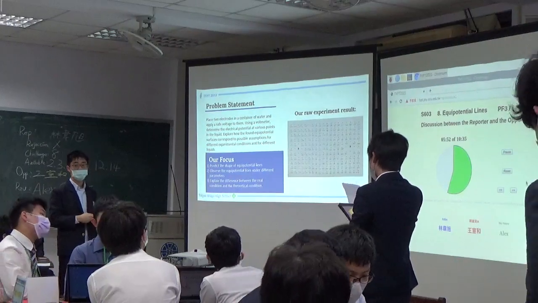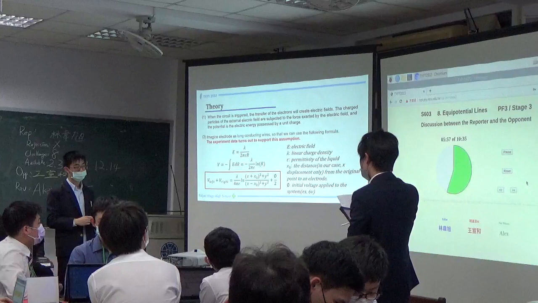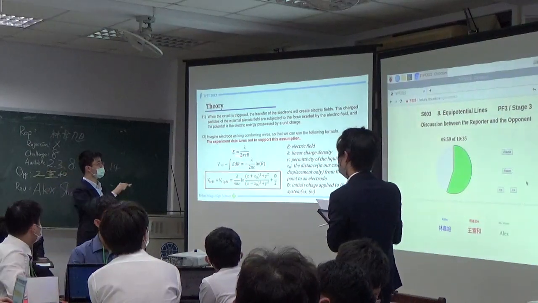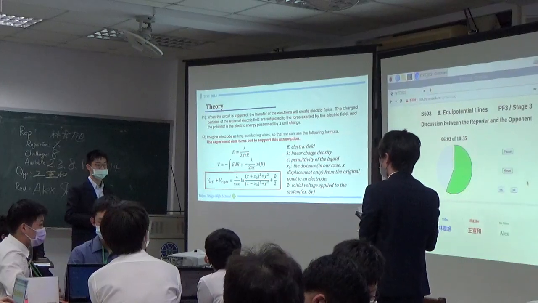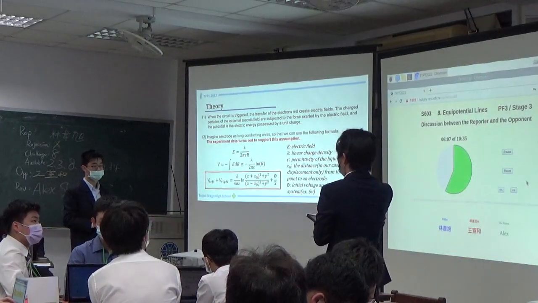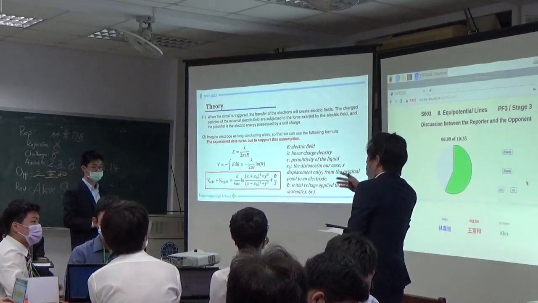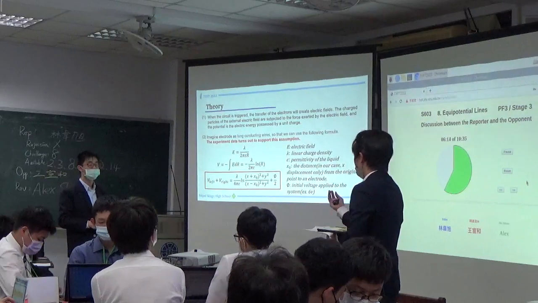So the equation that you use is for a point electrode. Oh no, for a long conducting wire. Oh, for a long conducting wire. Then if your electrode is a long conducting wire, because in your experiment you're using basically a cylinder as your electrode, right? Yes, correct.